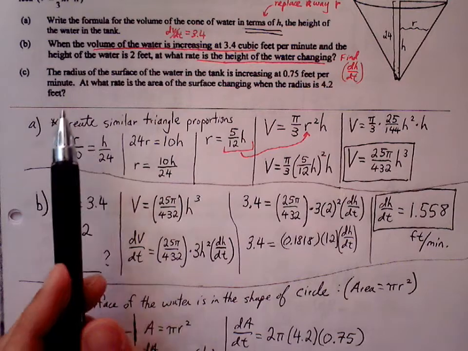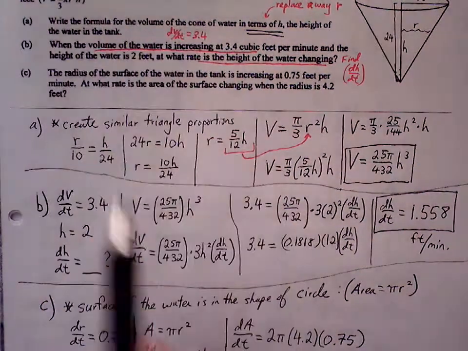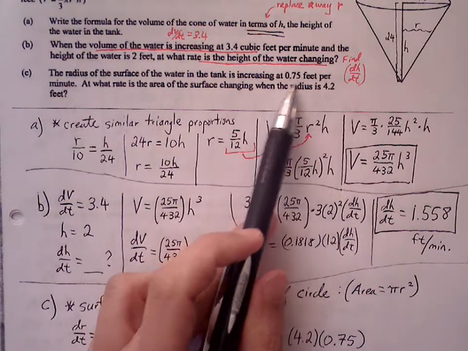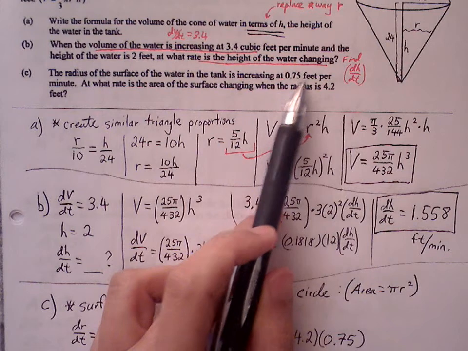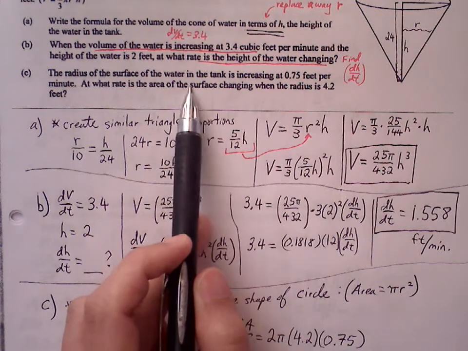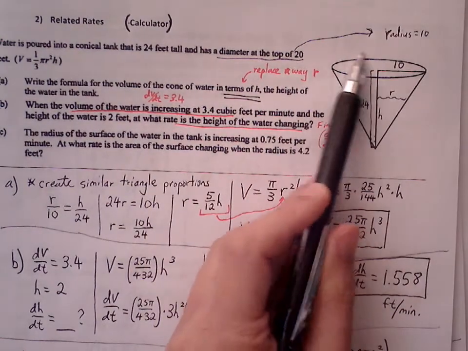Part C. The radius of the surface of the water is increasing at 0.75 feet per minute. So dr dt is associated with that 0.75. At what rate is the area of the surface changing? We can tell the surface is in the shape of a circle.